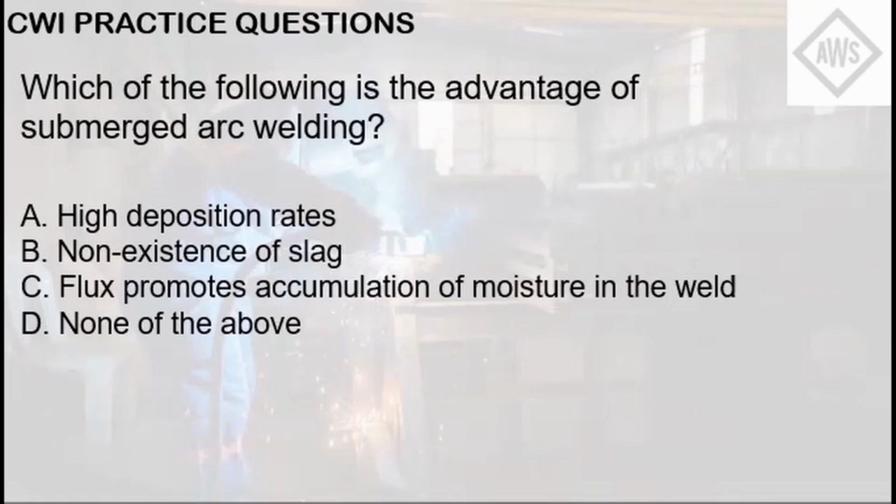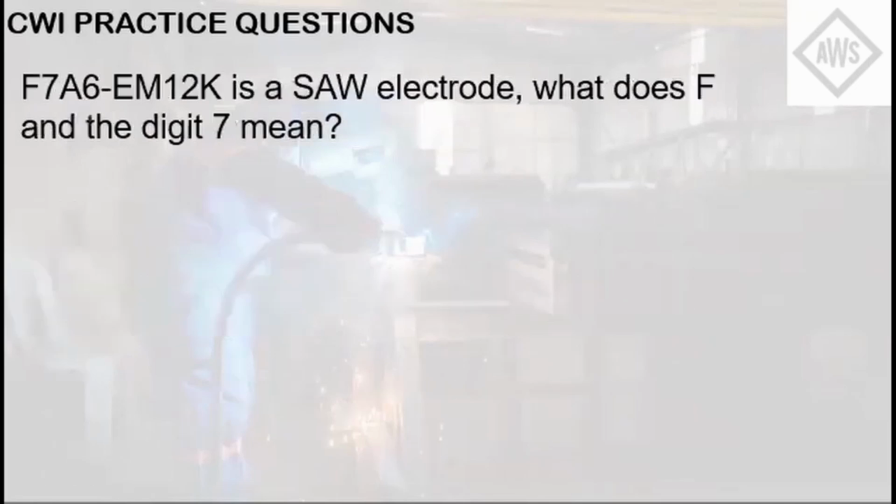So it can produce high deposition rates of weld. The answer here is letter A, high deposition rates. Remember that if you want high deposition rates, use SAW any day of the week. It will produce your desired weldment on thicker metal.